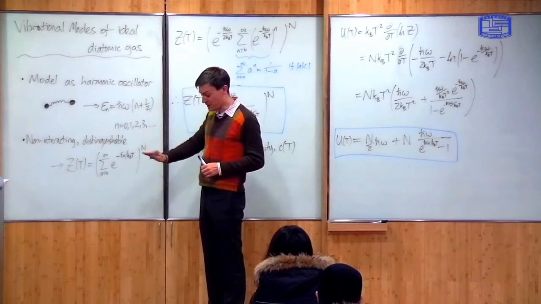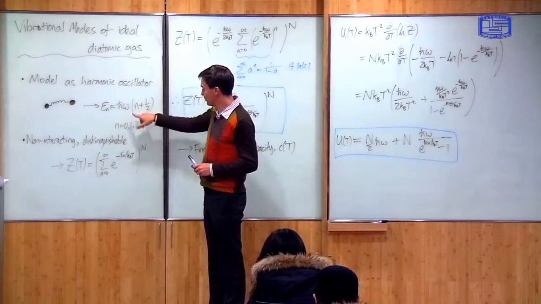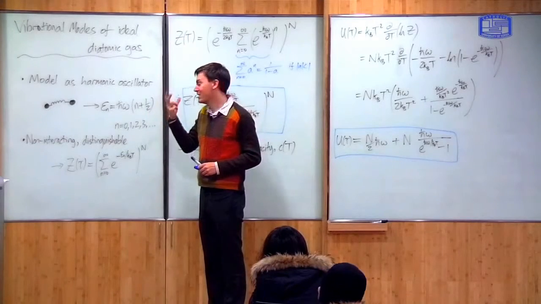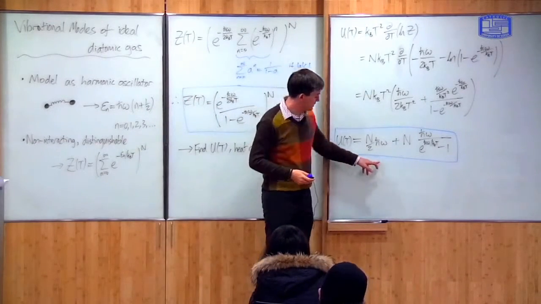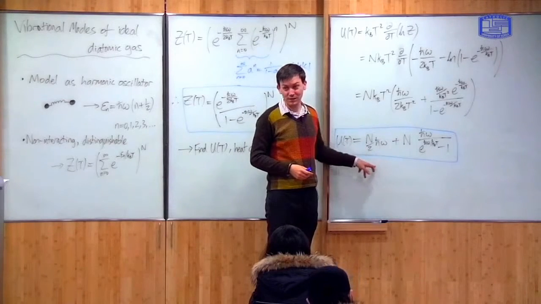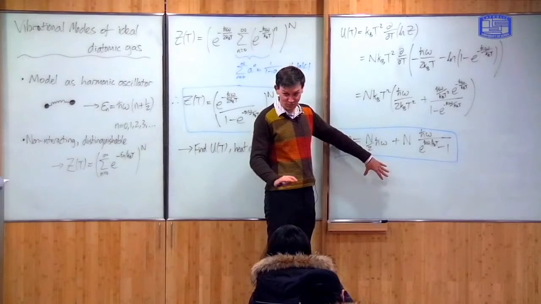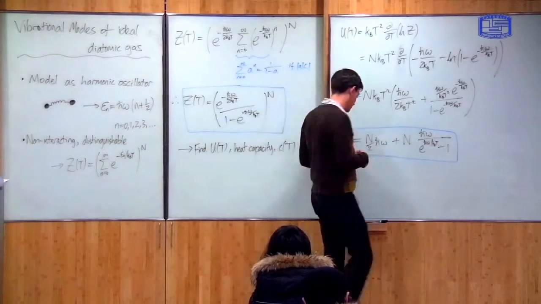That's the minimum energy the vibrational mode can have, according to this formula. So if this is the minimum energy of one particle, then the minimum energy of N particles is given by this. So this is simply the ground state energy. At 0 temperature, the energy is not 0 because of this ground state energy term.